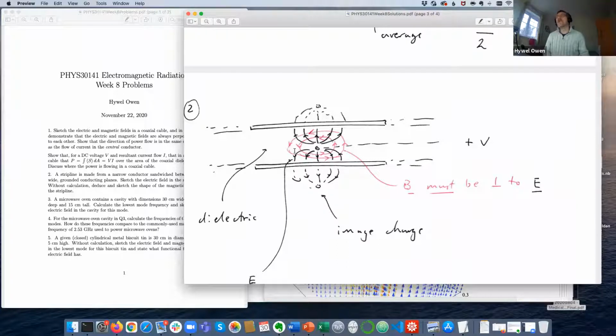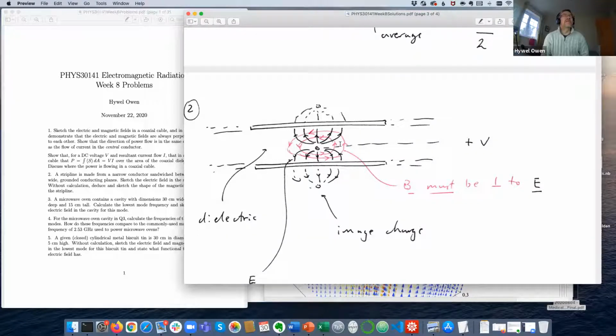You can see I haven't drawn it very well, but the point is that I can draw the magnetic field. And this is a useful technique in many areas of electromagnetism where I can deduce the shape of one field or of a potential by knowing that it must be perpendicular to another field. Okay, so that's how I draw the answer to question two. The magnetic field is perpendicular to the electric field.